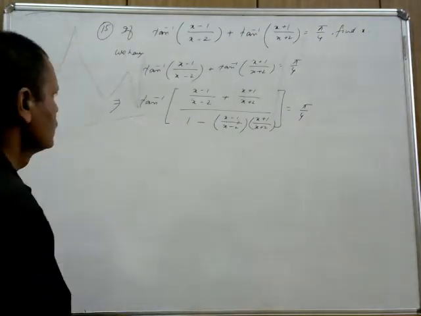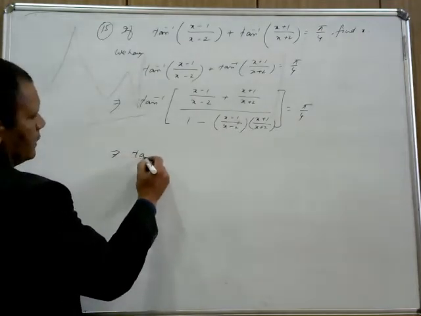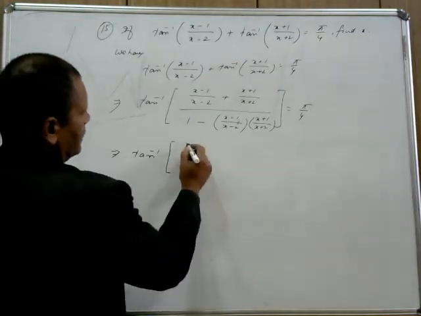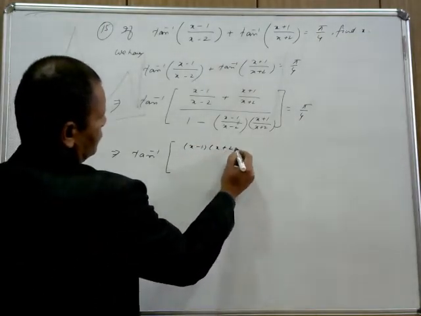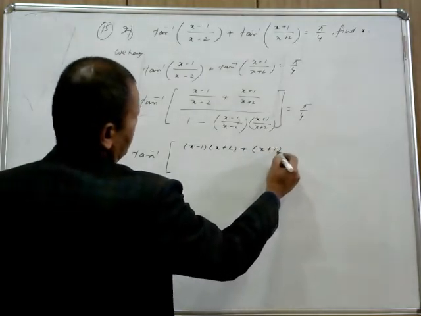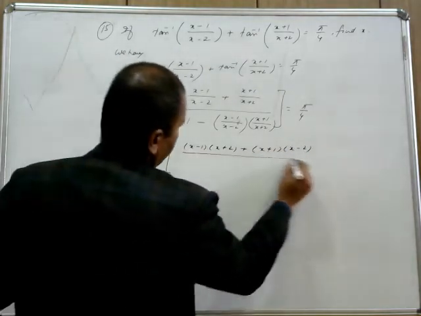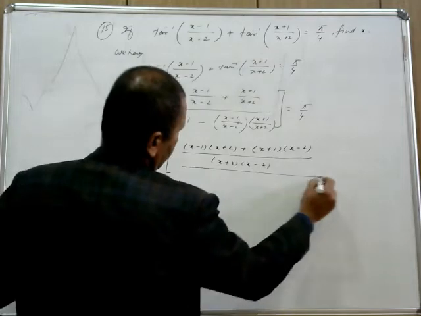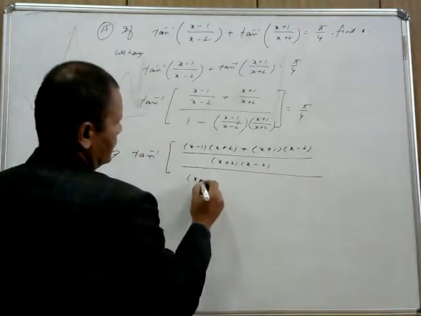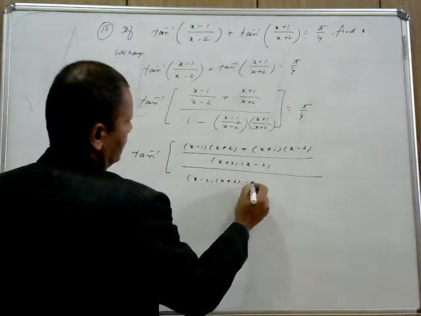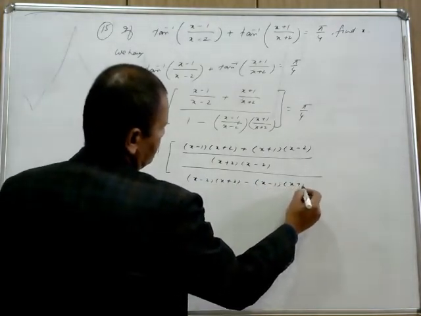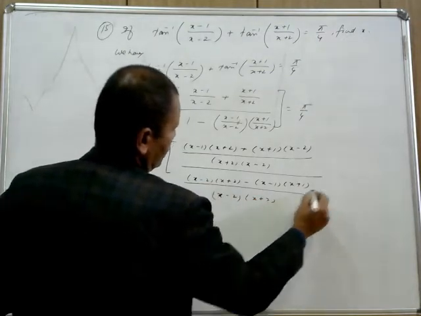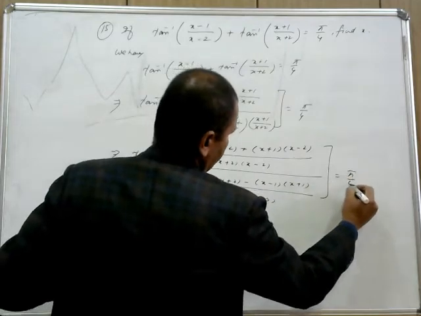You solve it further, you will be getting here tan inverse x minus 1 into x plus 2 plus x plus 1 into x minus 2 whole divided by x plus 2 into x minus 2, whole divided by x minus 2 into x plus 2 minus x minus 1 into x plus 1 whole divided by x minus 2 into x plus 2, and that is equal to pi by 4.